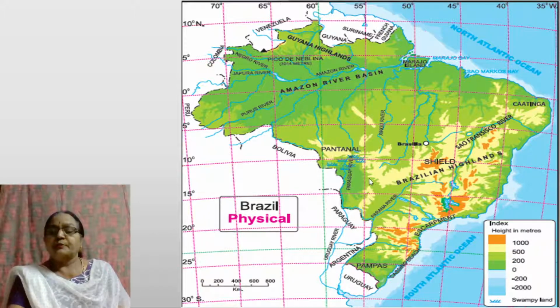Okay, so physical features of Brazil can be divided into the following. We have the Brazilian highlands, then you have the Great Escarpment, the coastal plains of the north and the east. Then you have the Amazon River Basin. Then you have the islands, Marajo Island.